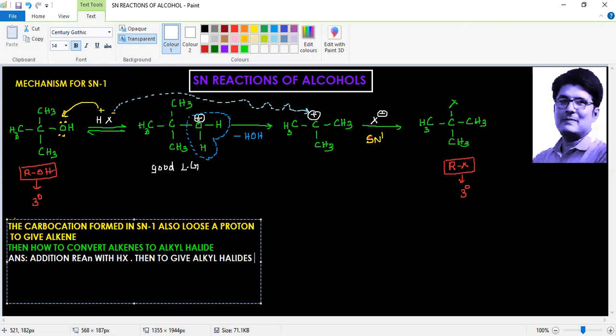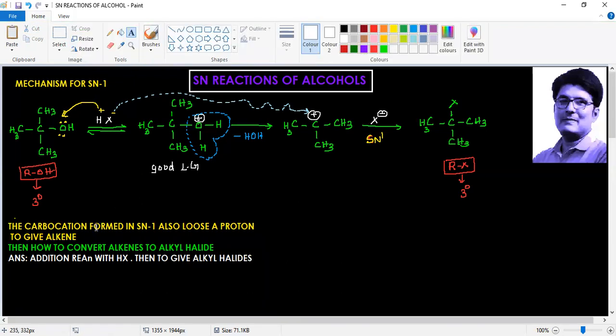This is the main important point. The carbocation formed in SN1 also loses a proton to give alkenes. I will show how it gives that.